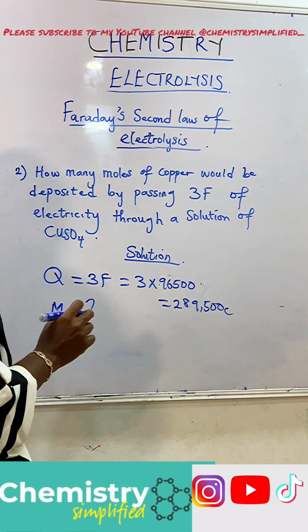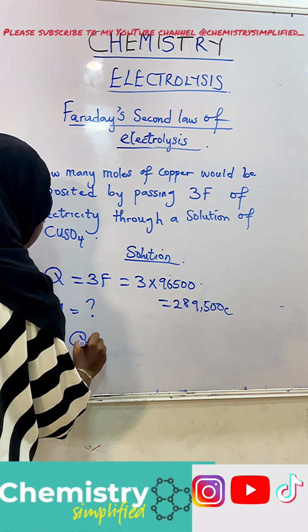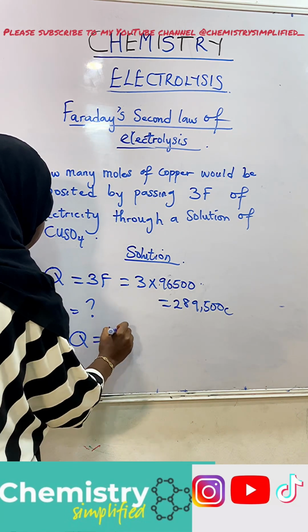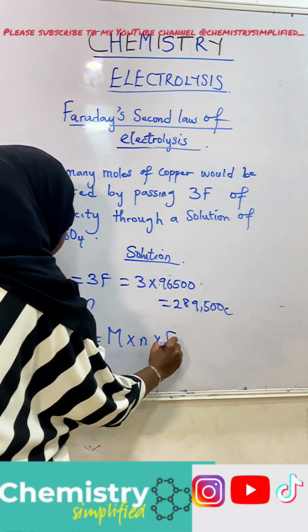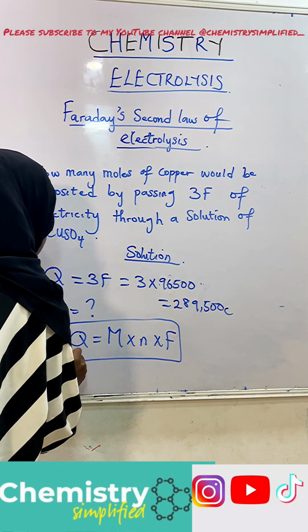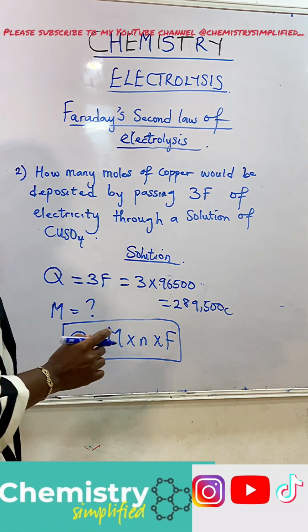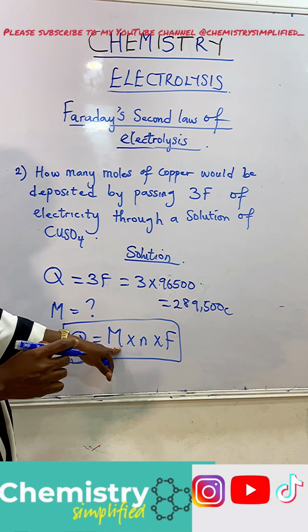Now remember the formula that contains number of moles. Your Q equals number of moles multiplied by number of charges multiplied by Faraday constant. Remember this formula? That is what we are going to use because it's the only one that contains number of moles.